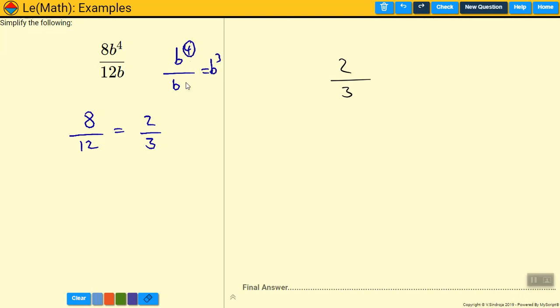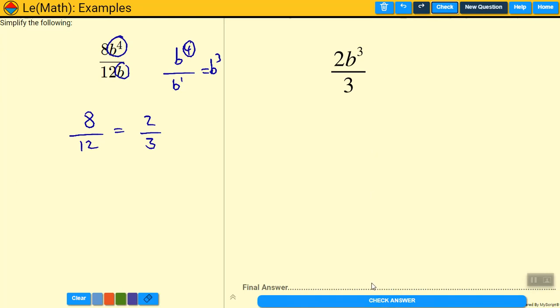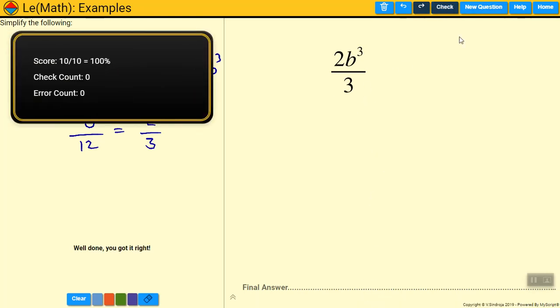So you take away the powers, and remember that's a 1 there. 4 take away 1 is 3, but that b cubed has to go on top because you've got more b's on the top than the bottom. So it's b cubed on the top. So this is what it simplifies to, 2b cubed over 3. And there's your simplified one.